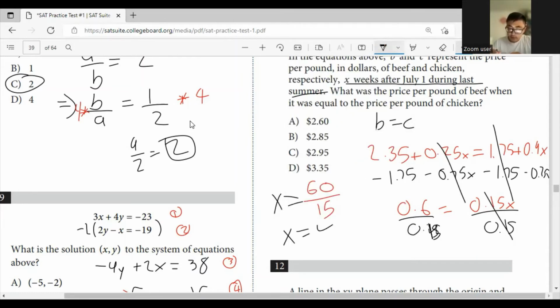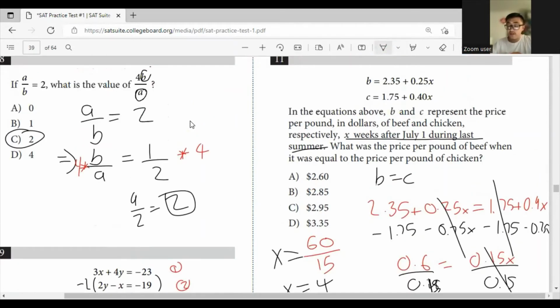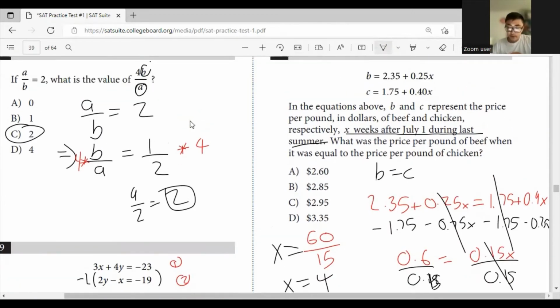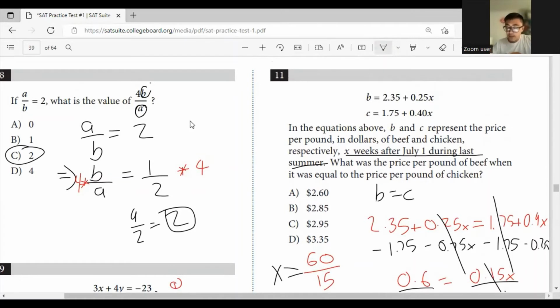All right. And we're not done yet. We know x is equal to 4 when the price per pound of beef is equal to the price per pound of chicken, 4 weeks after July 1st. Okay, cool. Now we just need to know the price per pound of beef. Or I could plug it into the chicken since they're equal to each other. It really doesn't matter. But I'm just going to do it into the beef.